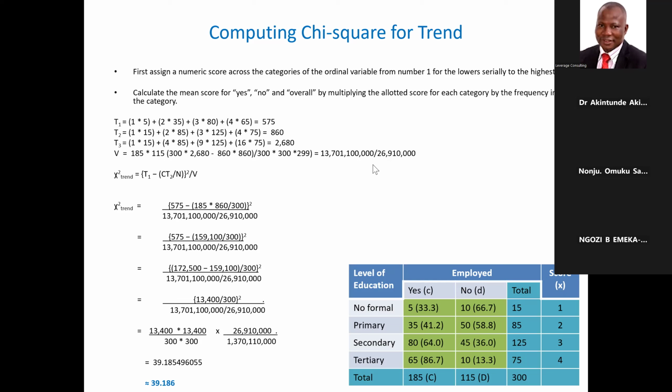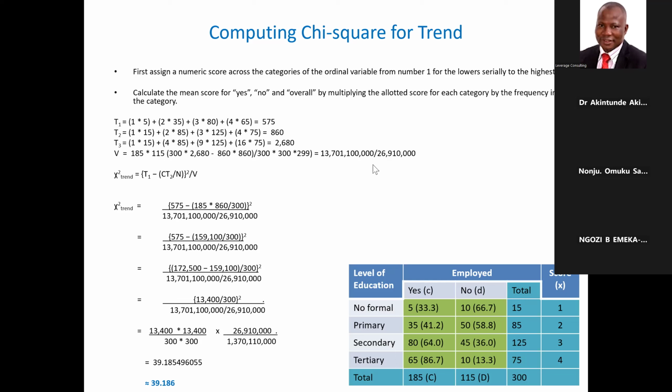It looks somehow complicated, but that's why you may not even bother yourself. I'm just telling you the logic. Hermitage first of all described this, and that's why they also call it Hermitage chi-square. 185 times 115 plus, raised to power and going to 300.